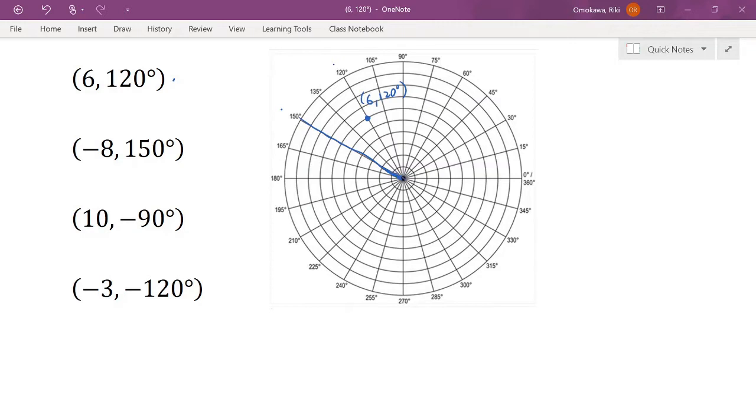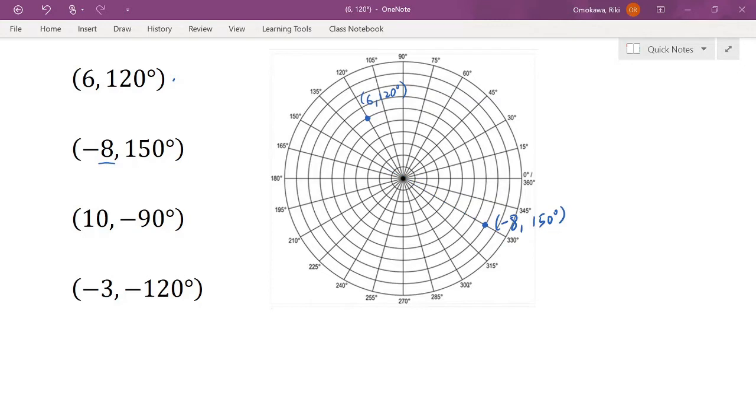So going along this line, we go backwards in this direction by this distance, 8. So we did start at 150 degrees, but really we're going over here in the opposite direction. And so let's see here, 1, 2, 3, 4, 5, 6, 7, 8. So here is (-8, 150 degrees).